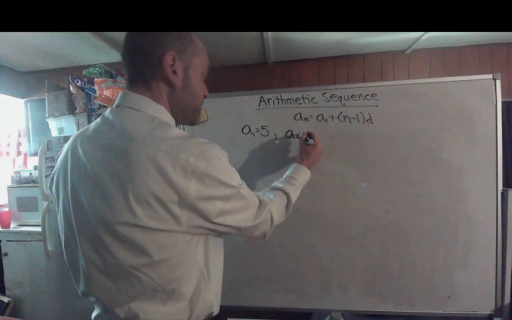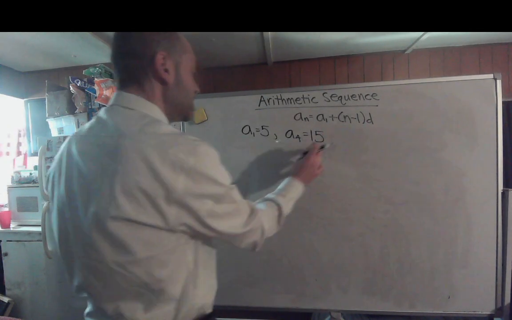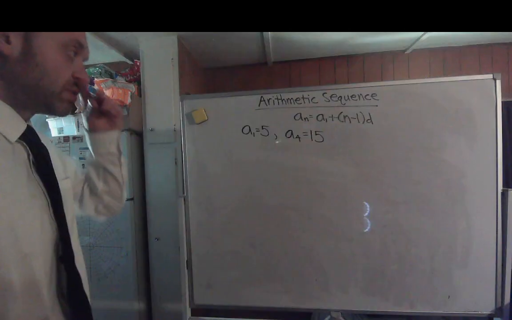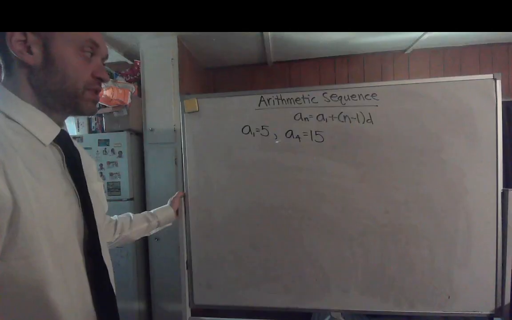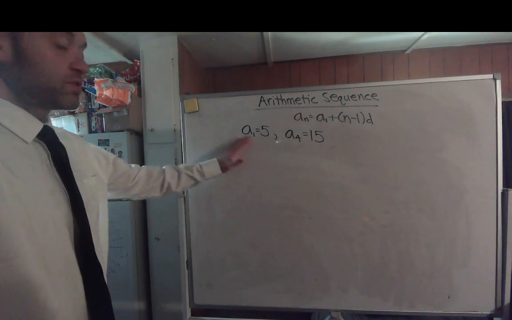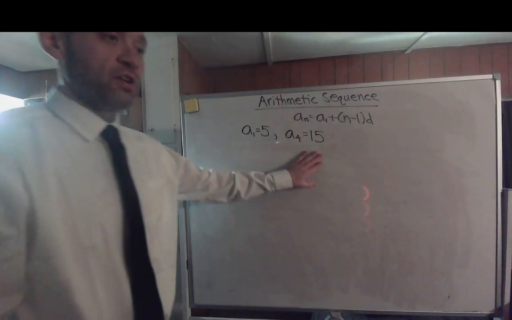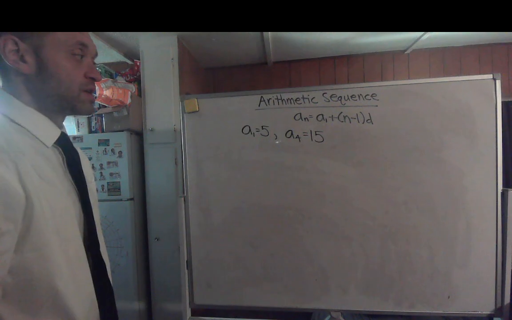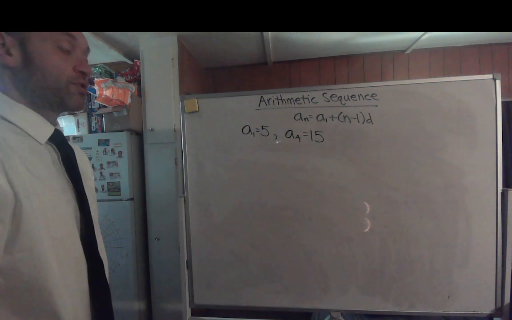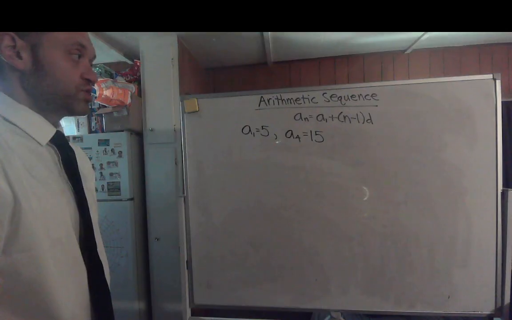They give us that the fourth term is 15. So how in the heck are we going to deal with that? We have the first term is 5, the fourth term is 15. We don't know the common difference. Believe it or not, you're going to have to pull out a system of equations trick.